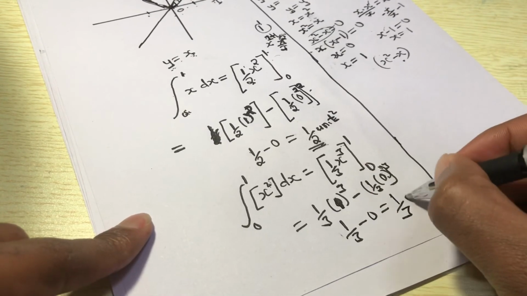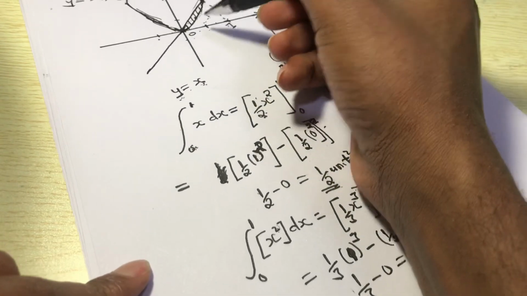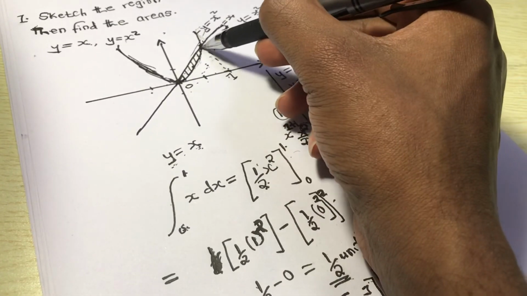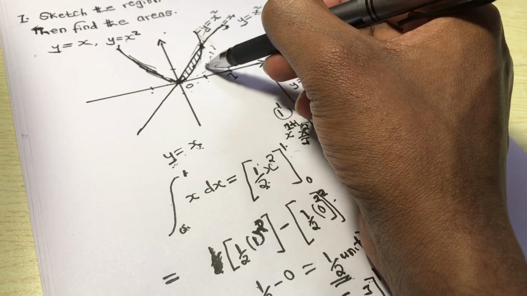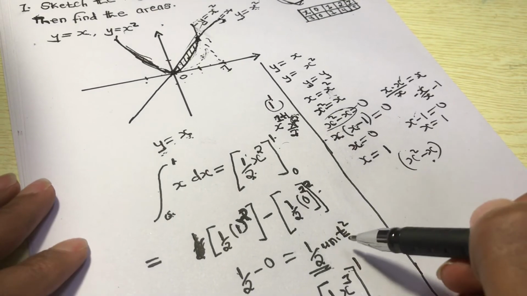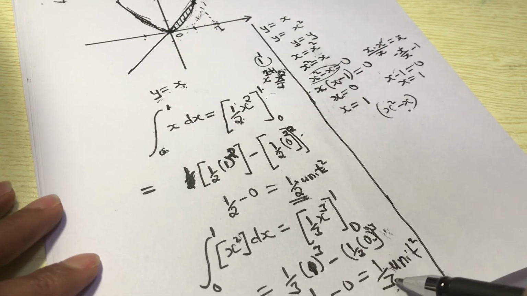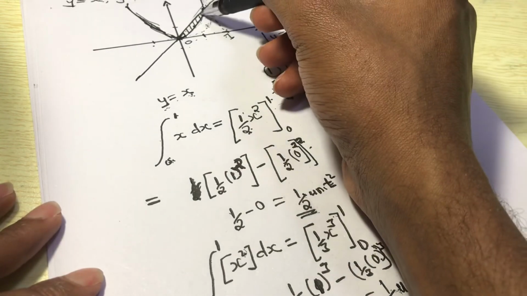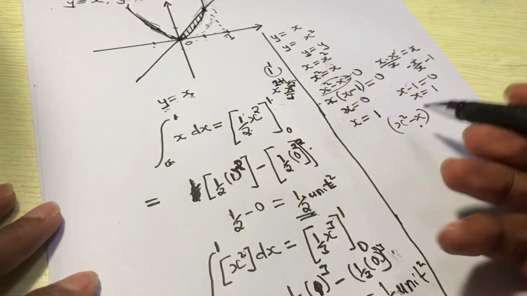Okay, unit squared. This 1/3 is this unshaded region. Then we need to subtract this half from this 1/3 so that we will get the shaded region. That's what we have been asked in the equation.